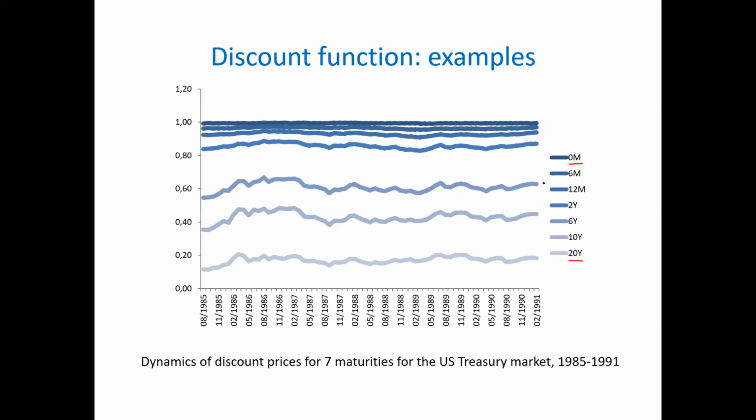And now my question to you: how would you explain that as time to maturity increases, the volatility of the discount price increases as well? What could be an explanation?